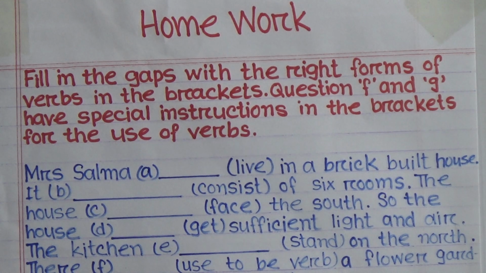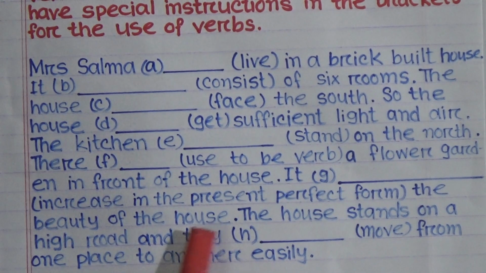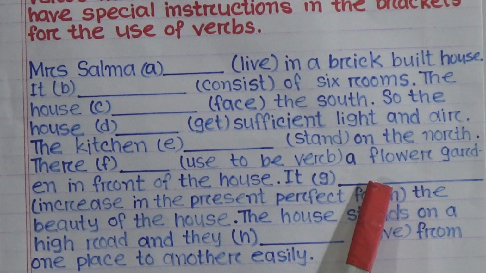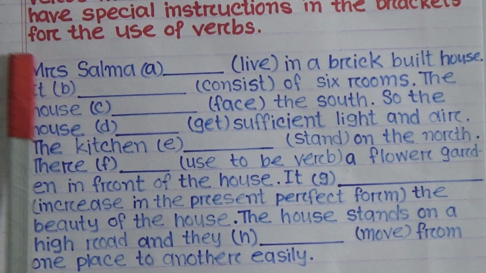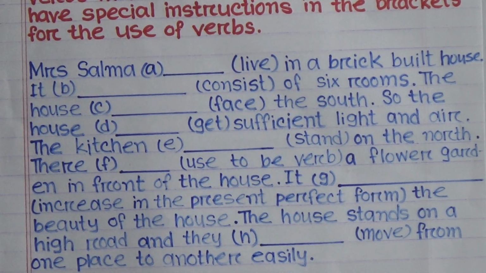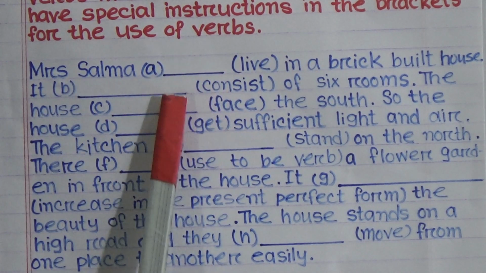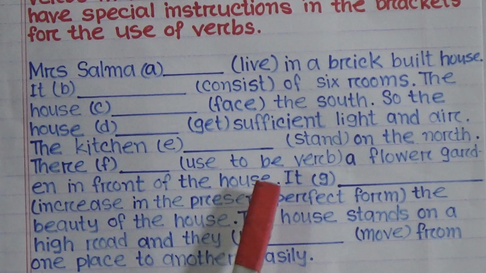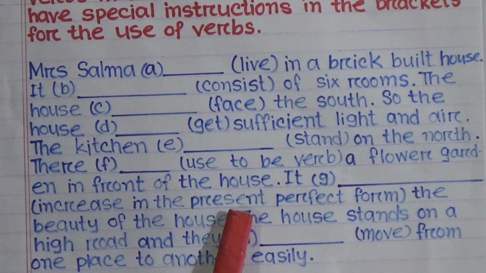You have to use a to be verb here, and in number G, it dash increase in the present perfect form or tense, the beauty of the house. So in this gap you have to use present perfect tense. You have to read the whole passage first. You have to understand which tense, which form the verb will be, and you have to maintain the instruction provided for you in this question.